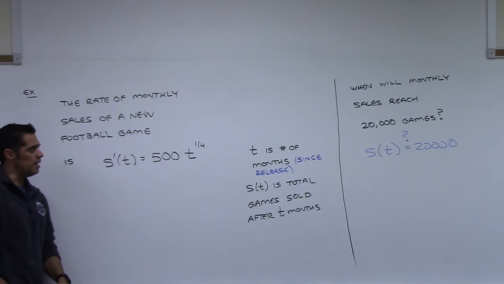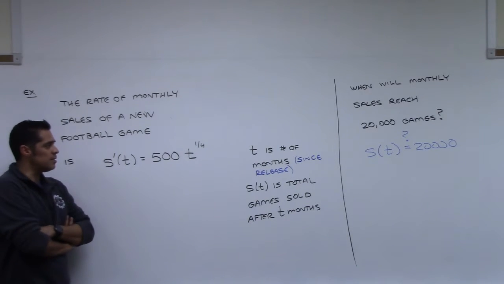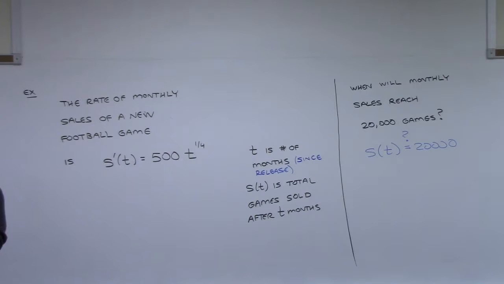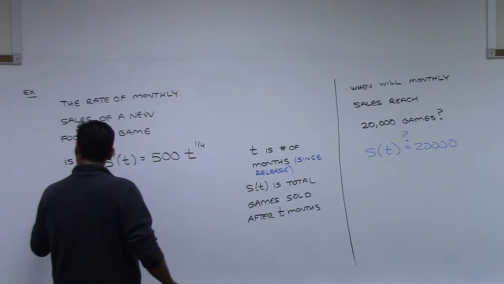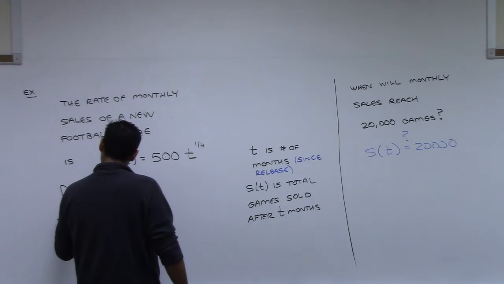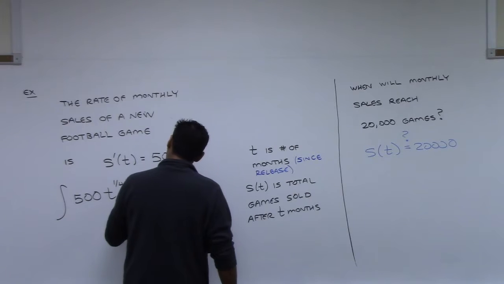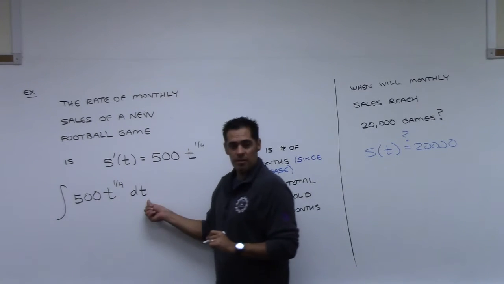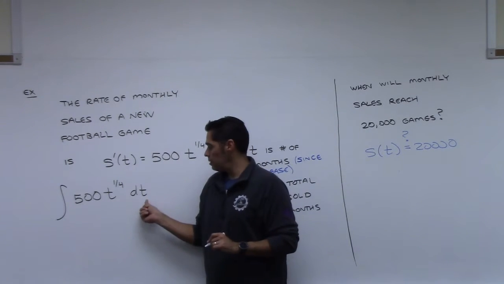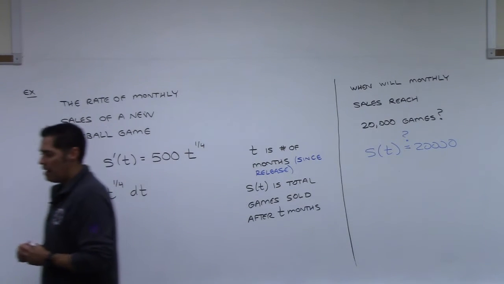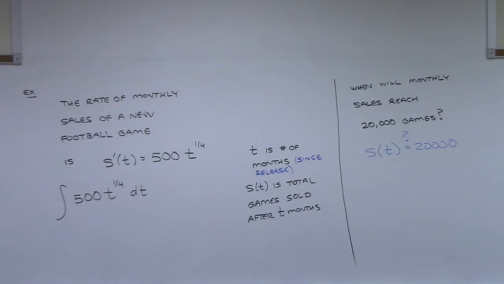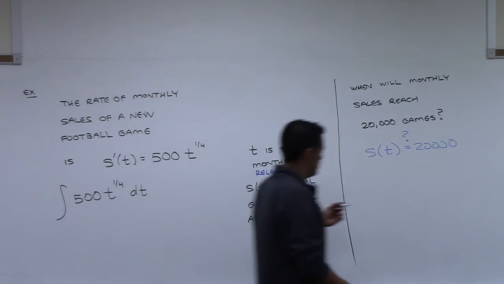I'll give you a minute to use your formulas to take S prime back to S. In other words, give me the antiderivative. And don't freak out. We're using t instead of x, right? So this is dt instead of dx. See if you can figure that out first. I'll put the formula over here just in case.